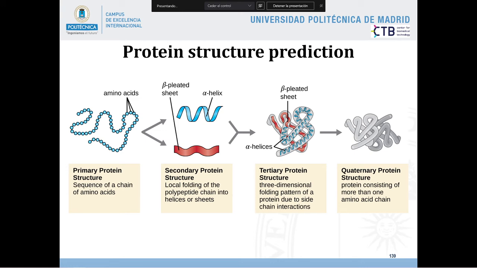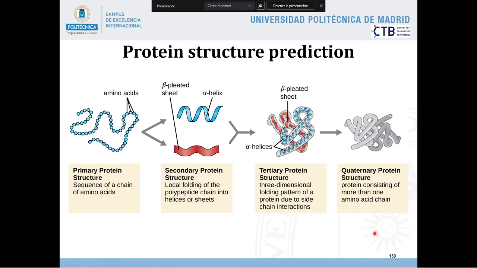And then the quaternary protein structure, where we can merge different polypeptides. So what we aim for here is, from the chain, to know what the secondary, tertiary, and quaternary structures are going to be.